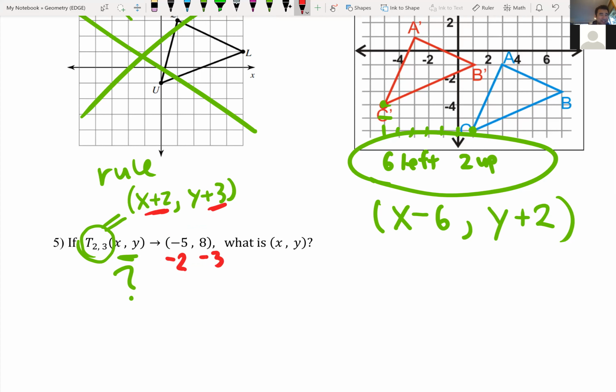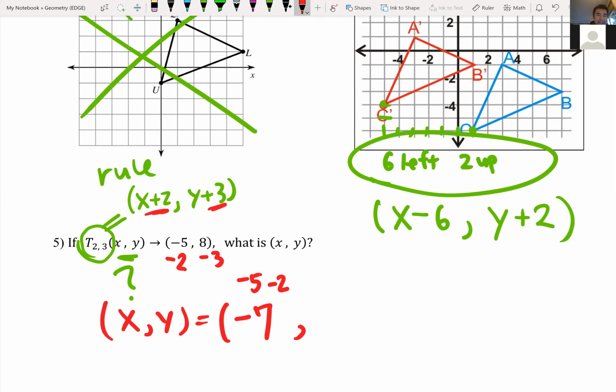Does that make sense? Because you add 2 to get to the new location. But if you want to go backwards, don't you have to subtract 2? Does that make sense? So the new coordinate x and y is going to be -5 minus 2, which is -7.